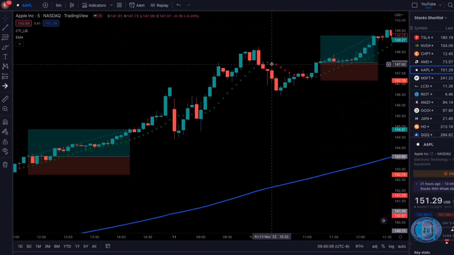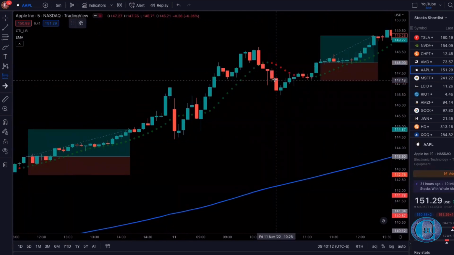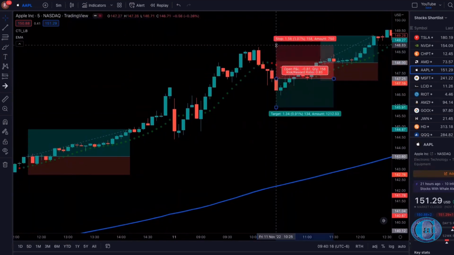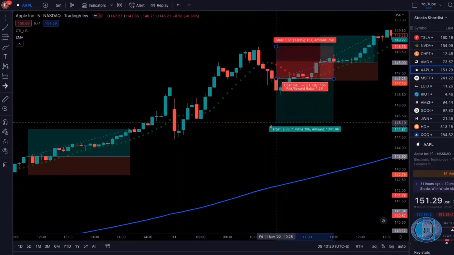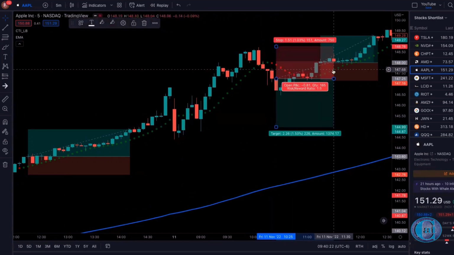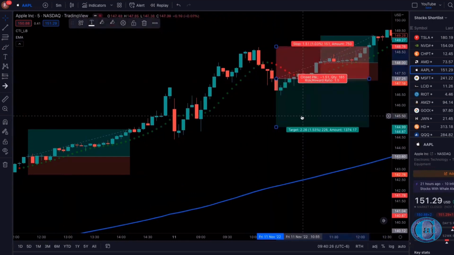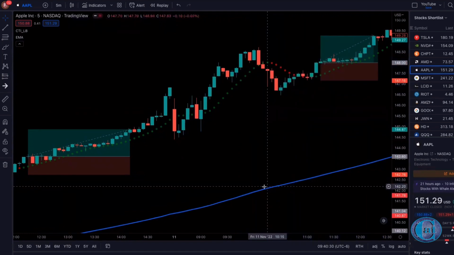So this trade would have definitely been a loser if all you did was rely on the green and red dots to get into the trade. Because if you got into this trade right here on the second dot and this was your recent swing high and you went for a 1 to 1.5 risk to reward, guess what? This would have hit stop loss right there. And this is why you would not have gotten into this trade and you would have filtered it because of the 200 EMA. Make sense?